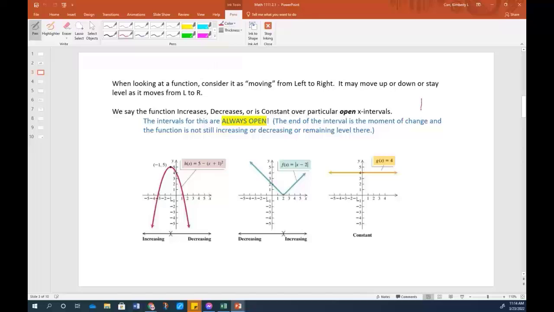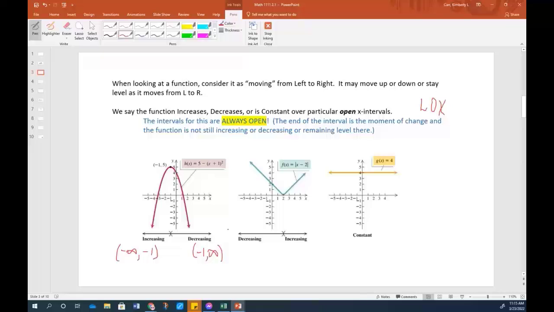So this one is increasing from -infinity to -1. Because even though it went all the way up to 5, the x value where it quit going up was -1. It is decreasing from -1 to infinity, which means from this -1 x value, as we go to the right, we're headed downhill.